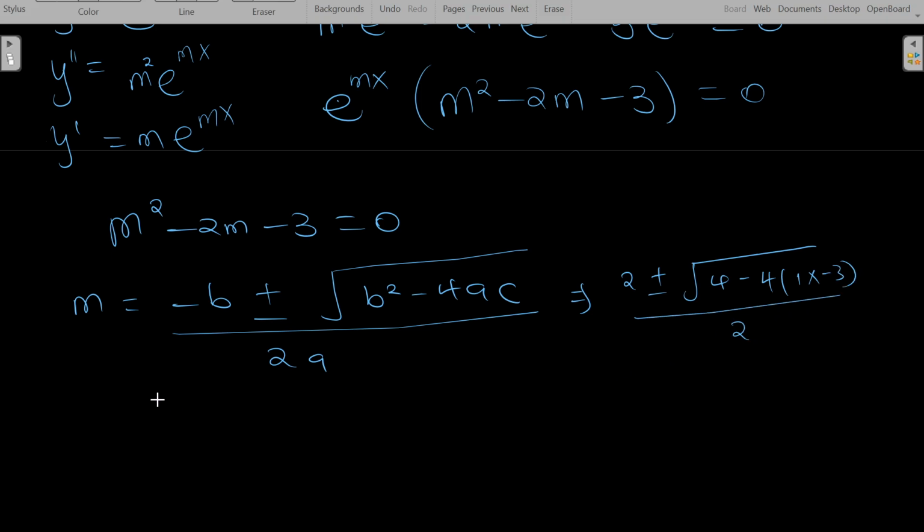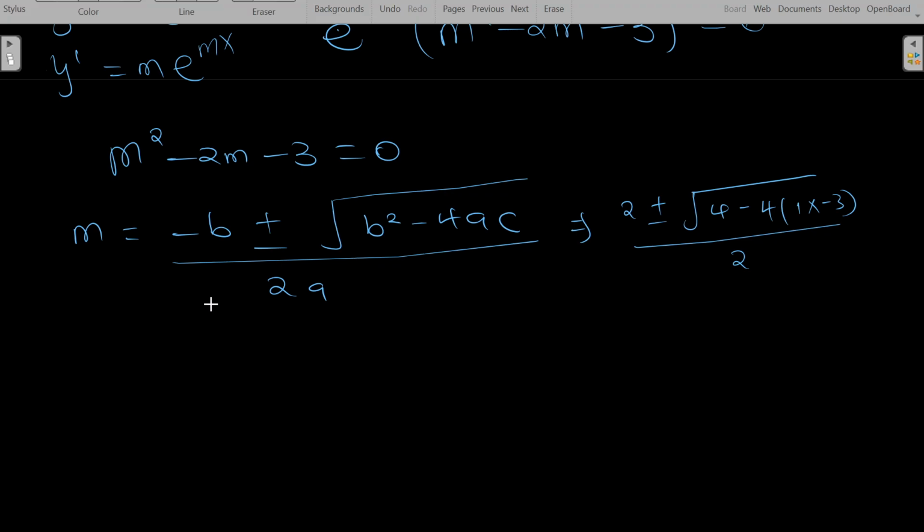The negative goes to positive, so 4 plus 12 is 16. The square root of 16 is 4, divided by 2. So my first value of m is 3, and my second value of m is 2 minus 4 over 2, which goes down to negative 1.